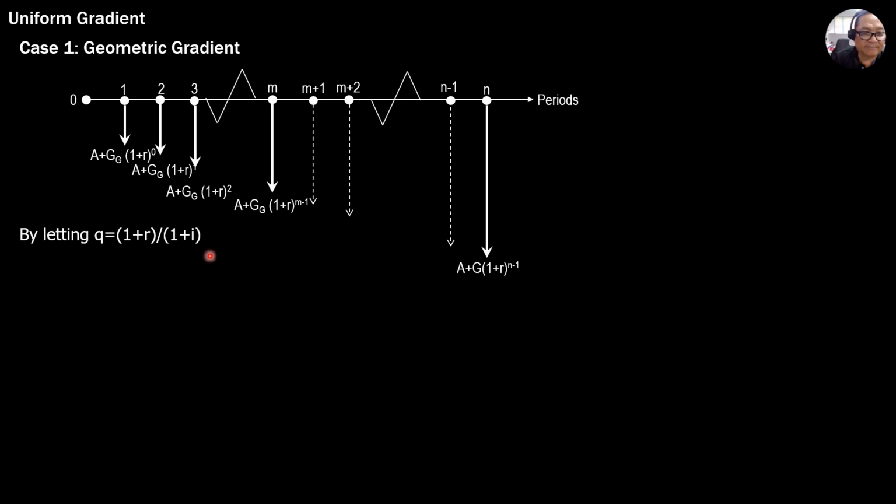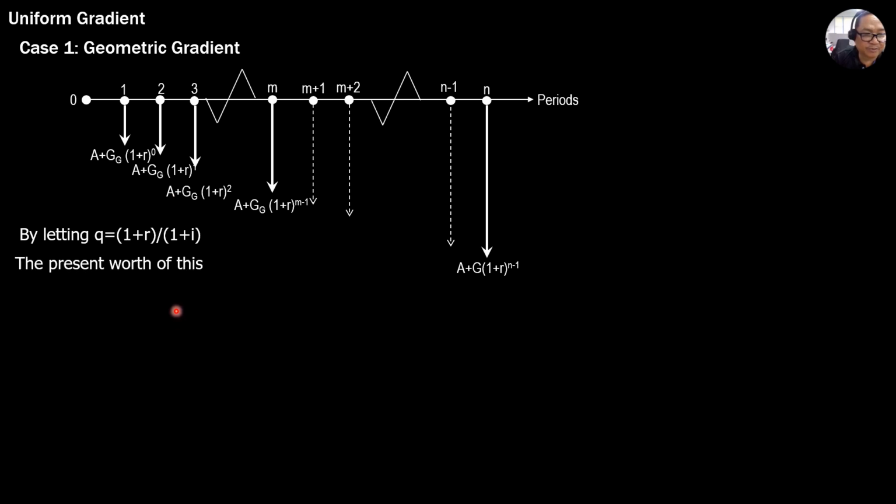So if we let Q equals quantity 1 plus R over 1 plus I, the complete derivation of this is on the next slide. So I'll derive the formula for the present worth of just the portion where we have geometric gradient. So these values here were that case.